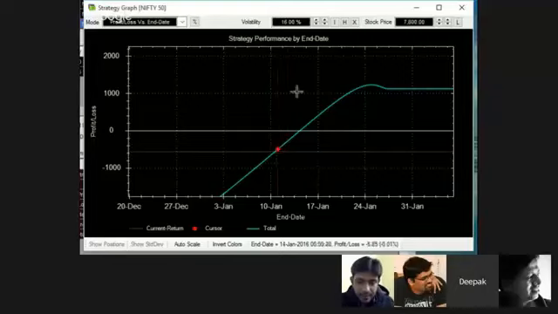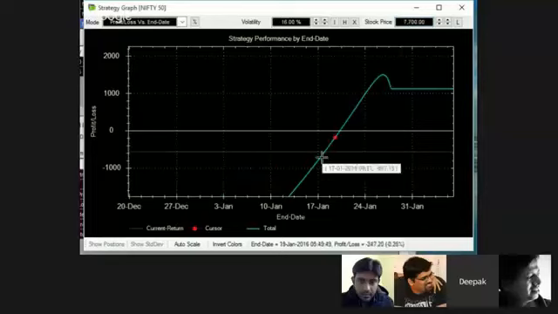if the implied volatility hasn't changed. If you change it further, by 17th Jan, I have to change this to 7,700. A little bit more.